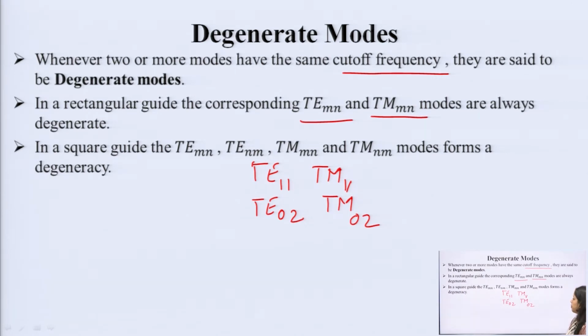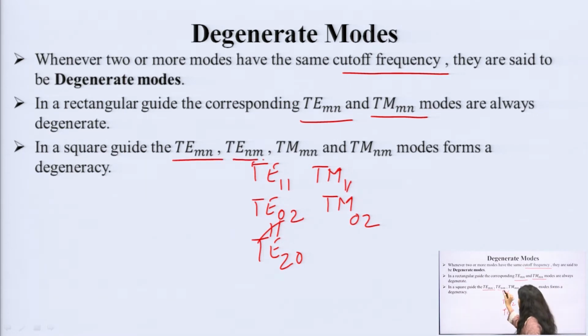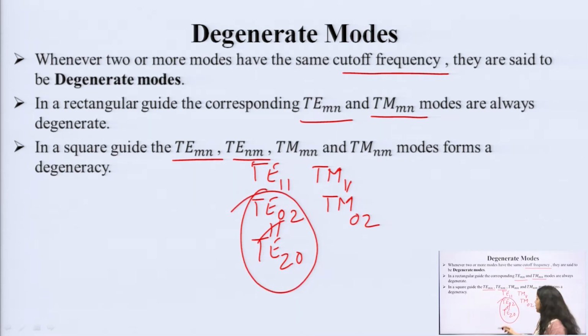In the square waveguide, we can't say that TE20 and TE02 in the rectangular waveguide are similar. Okay, this will not be a degenerate mode, but for the square waveguide, TEmn and TEnm, this is the case for a square waveguide, then this will be a degenerate mode.